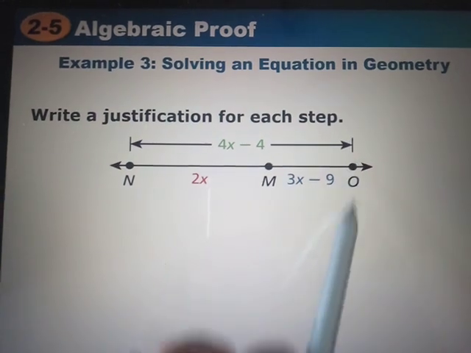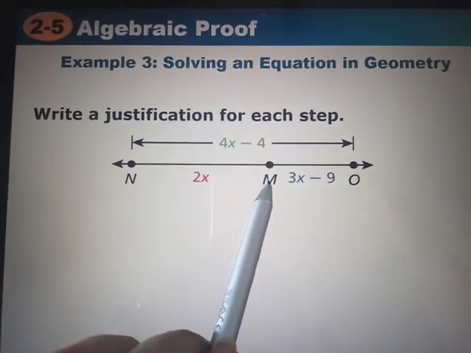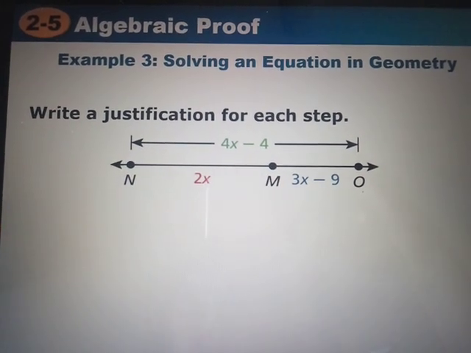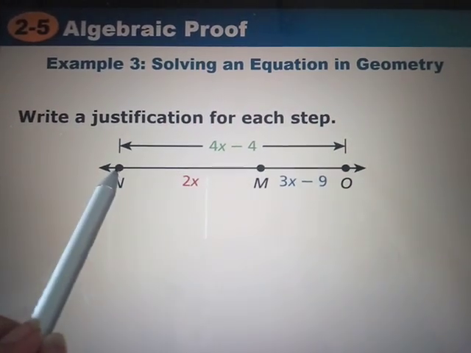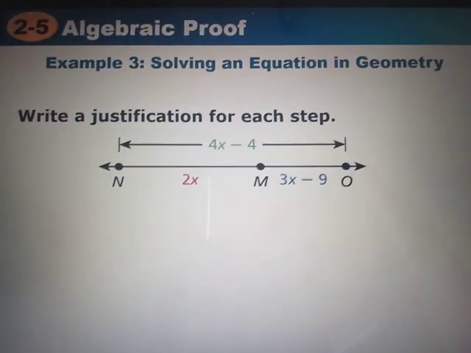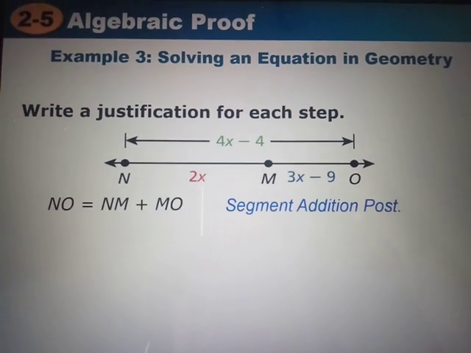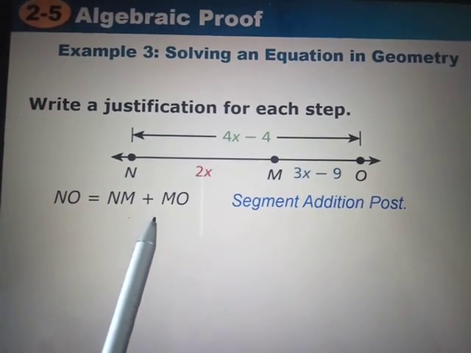So the total is 4x minus 4, and this is the first part and this is the second part, as we said before. The total equals part plus part.